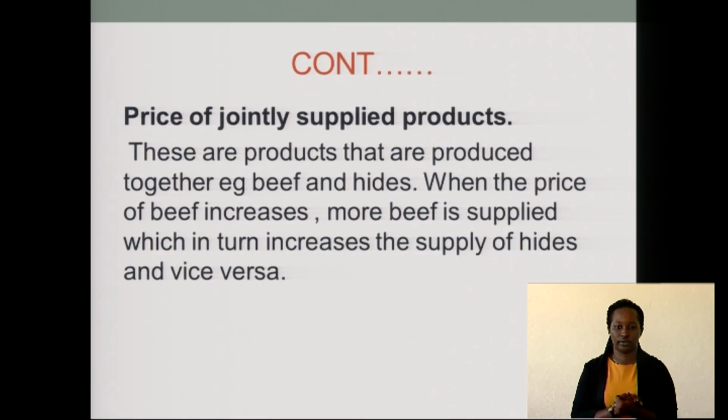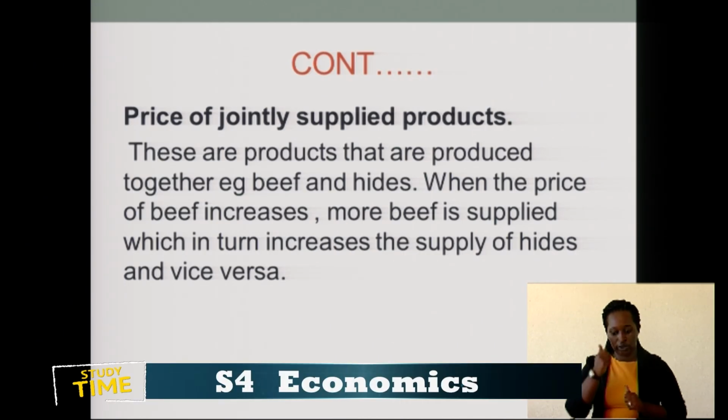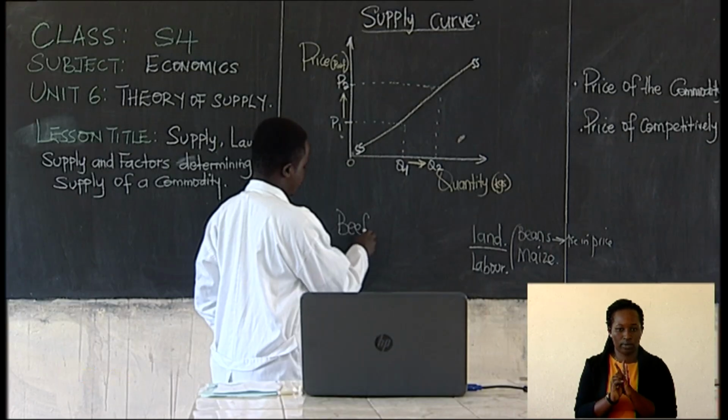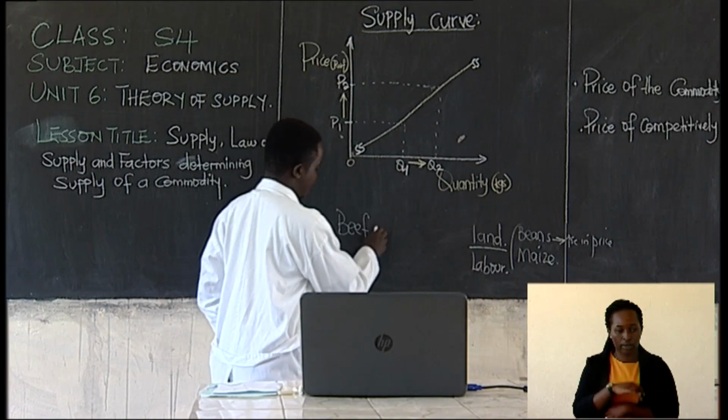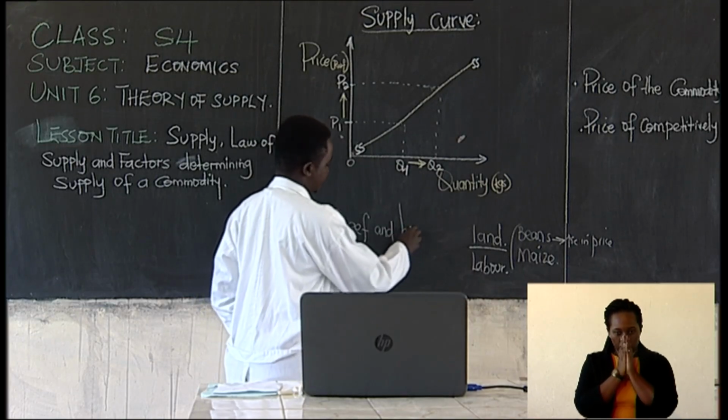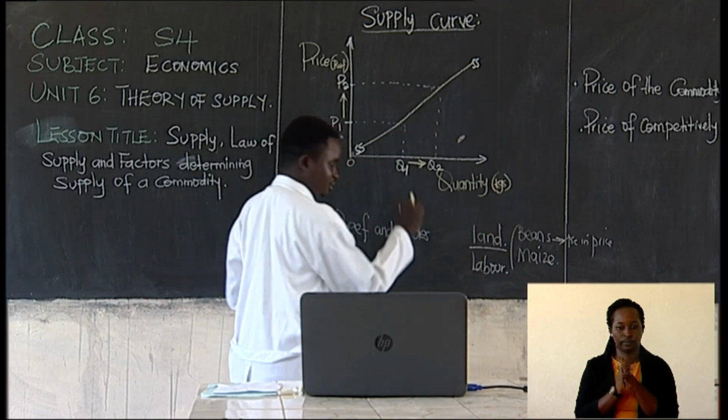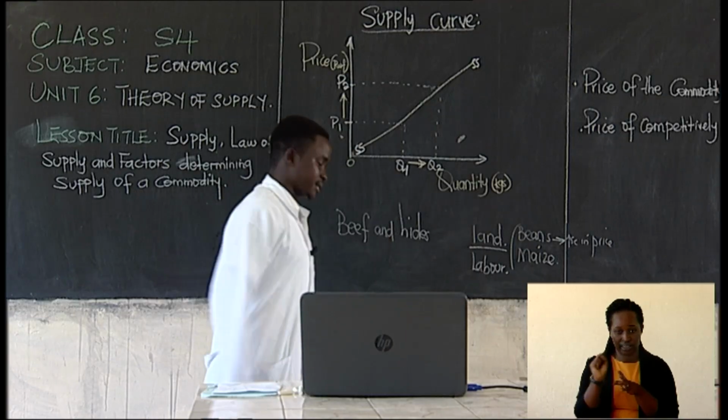Then we have price of jointly supplied product. We have joint supply. These are products that are produced together. What are those products that are produced together? Take an example, beef and hides. They are not supplied together, they are produced together.